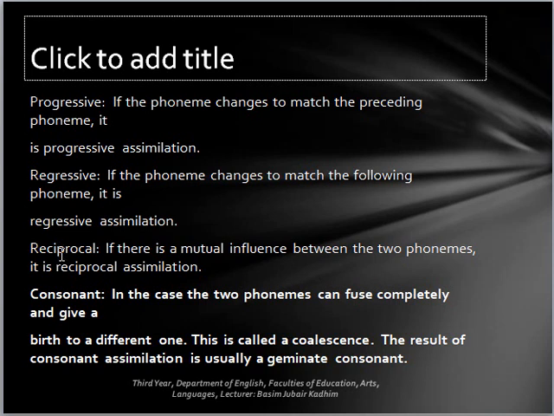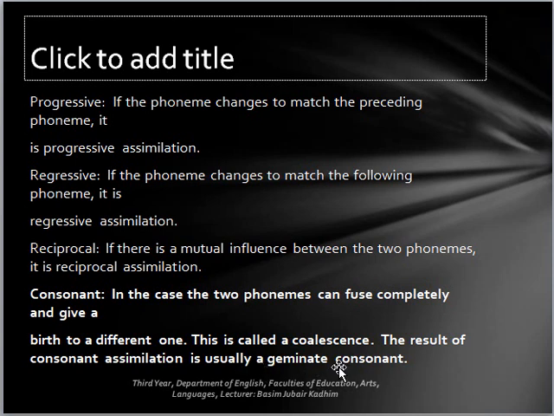If the assimilation is mutual, on the preceding and on the following, it is reciprocal. So two consonants can fuse completely and give birth to a different one. This is called coalescence. The result of consonant assimilation is usually a geminate consonant.